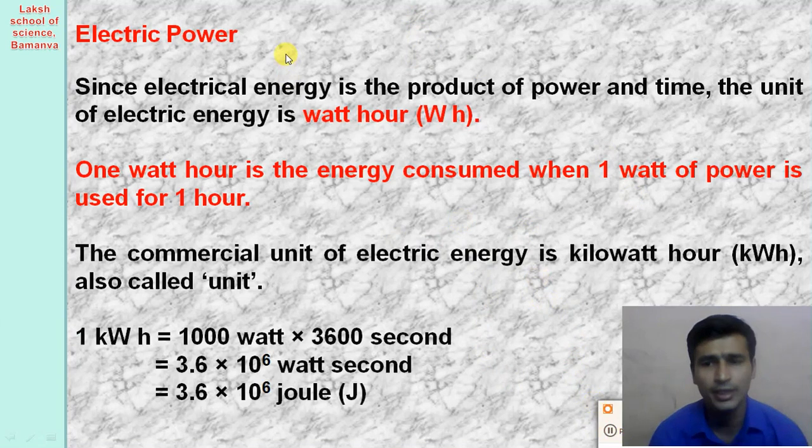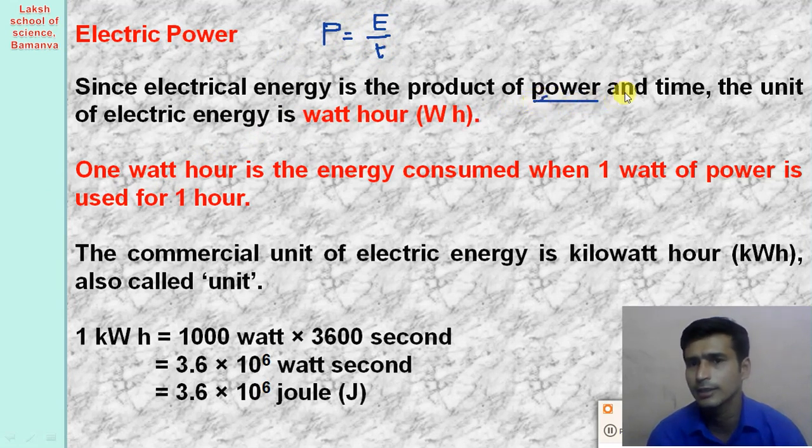From the formula, electric power is equal to energy dissipated per unit time, so electrical energy is the product of electric power and time. Electrical energy E is equal to electrical power P multiplied by time T, right?